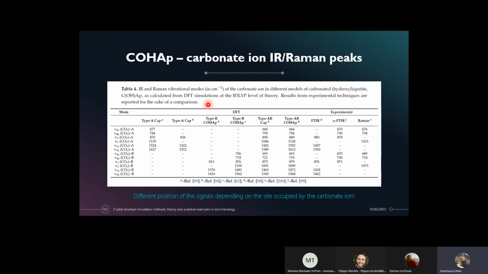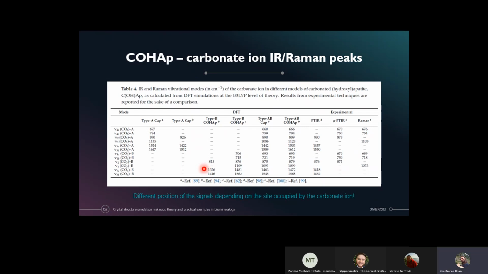Okay, we can see here a table related to the different modes for type A carbonate apatite in the simulation and in the experimental results. And the type B carbonate apatite, you can see here that the stretching modes have a very different wave number according to the position occupied by the carbonate ion.